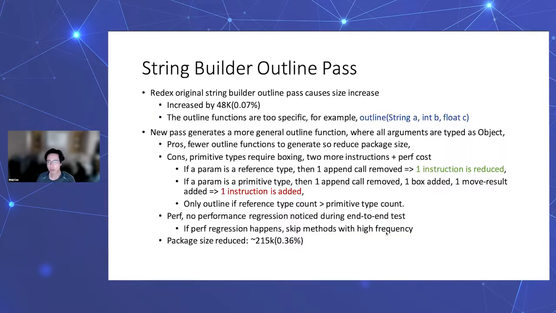Redex does include a very similar pass, the string builder outline pass. But we tried it initially, and we noticed the overall size had increased a little bit. So we investigated more. We found the reason is the outline function. The outline functions are too specific.